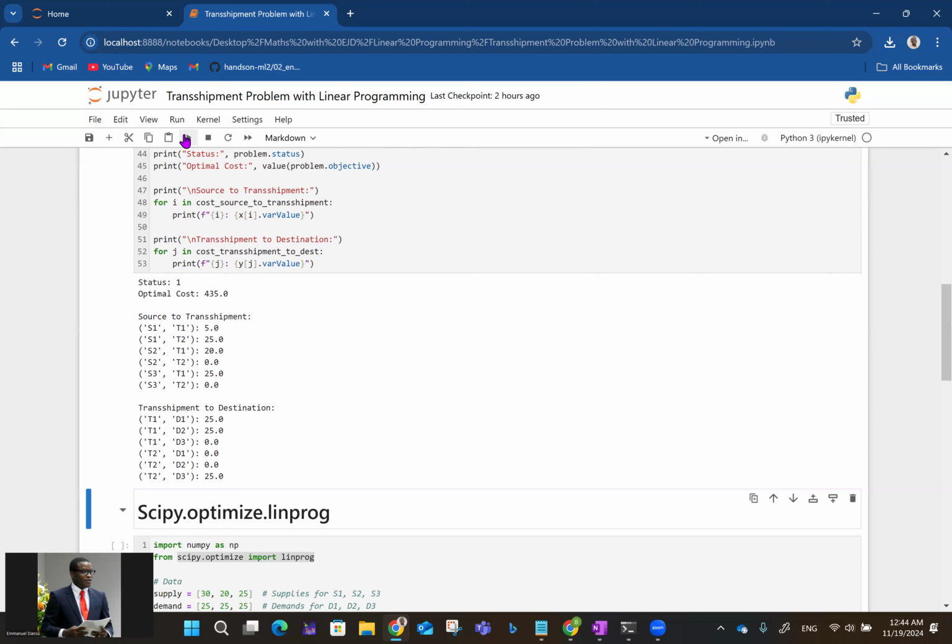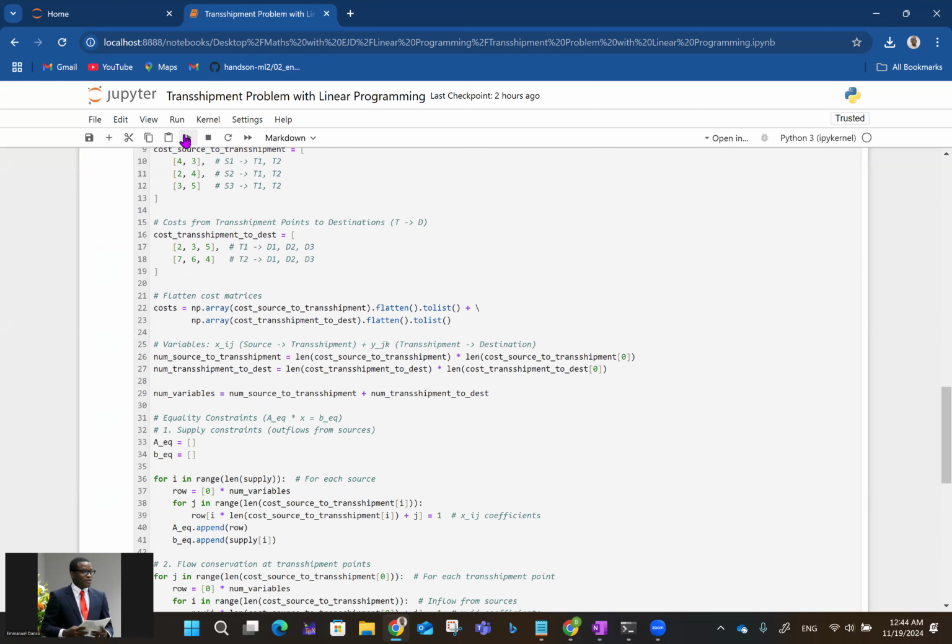And then, of course, we also have Y. Y11 is 25, Y12 is also 25, Y13 is 0, Y21 is 0, Y22 is 0 again, and Y23 is 25. So that's the answer that PuLP gives us.